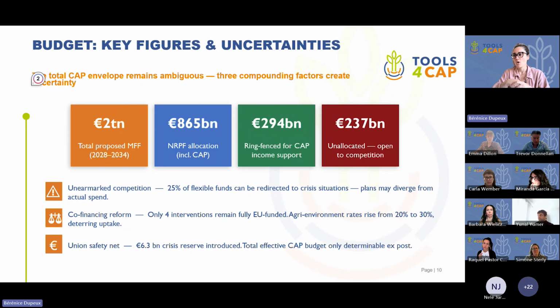Therefore, we will only know the overall budget spent under the CAP by the end of the programming period, because things will change during the programming period. Another source of uncertainty, which I already touched upon, is the co-financing rules.